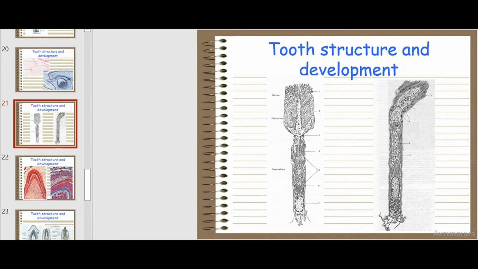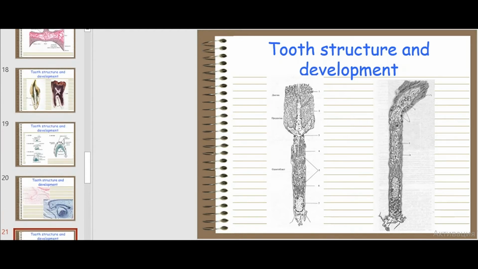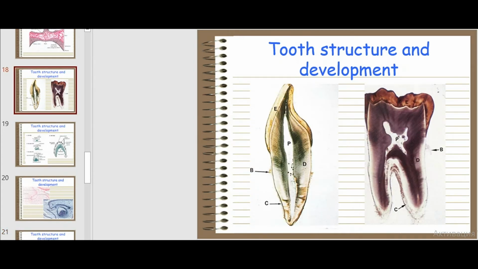Dentin consists of microscopic channels called dentinal tubules, which radiate outward through the dentin from the pulp to the exterior cementum. From the internal part of the dentin to the external part, from inside to outside. And these dentinal tubules are directed parallel to each other, directed radially.